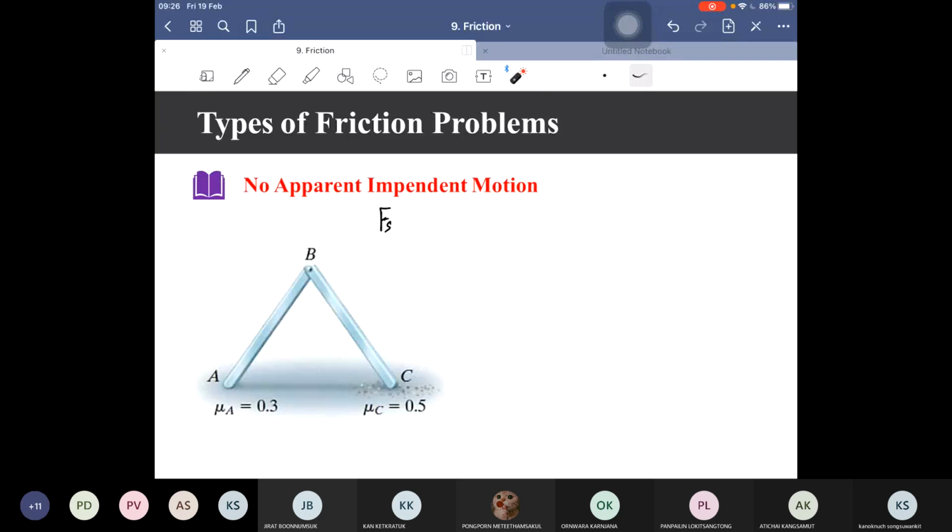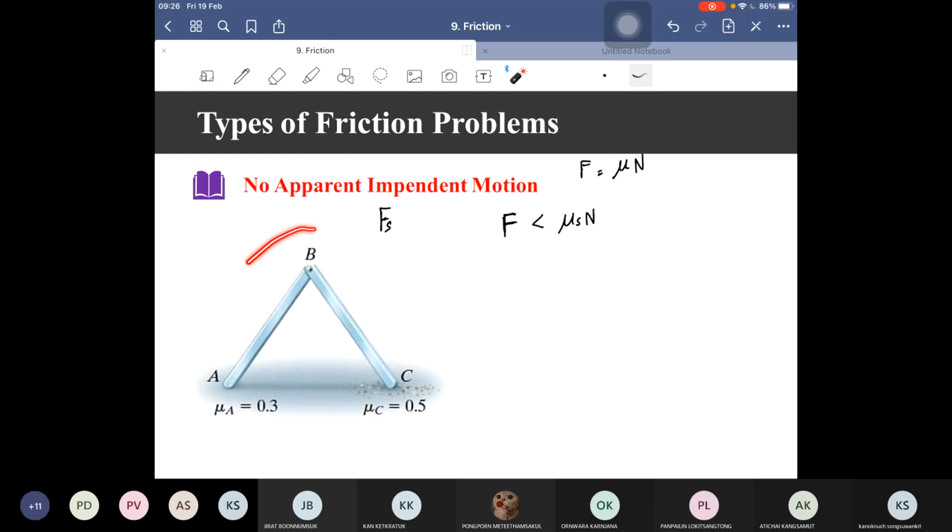So from F equal to mu N, the object will stay in this state, no apparent impending motion, in case that Fs, the friction that happens between the contacting surfaces, is smaller than mu S N. Otherwise, slipping will occur and the body will not remain in equilibrium anymore.